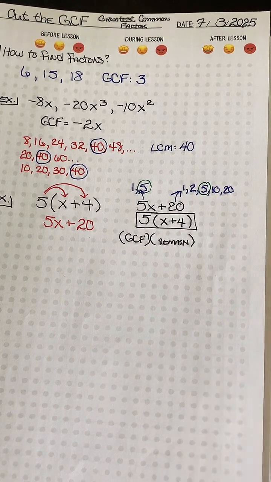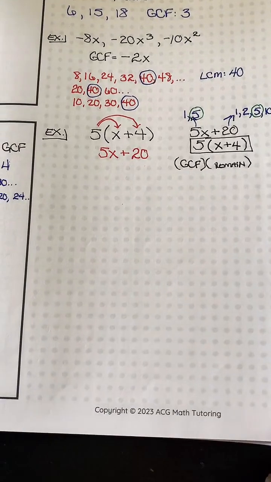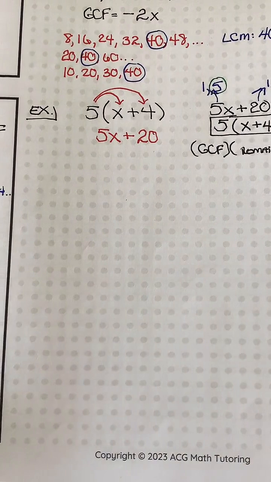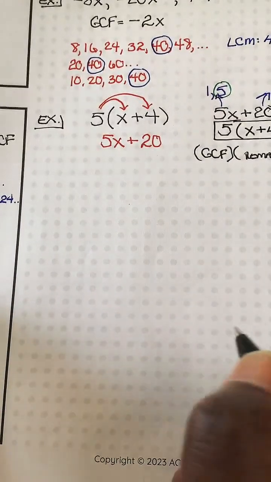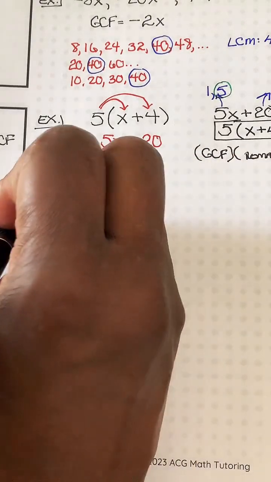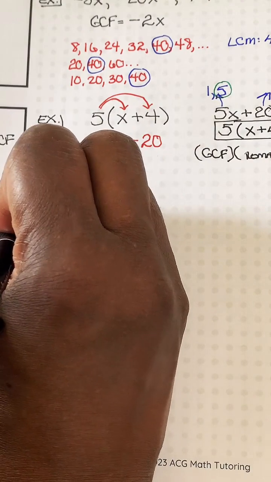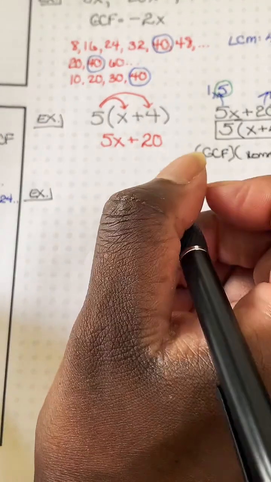Okay? So let's try another one. Oh, Robert, did you ever get your numbers? Sorry about that. I knew there was something else I was forgetting.